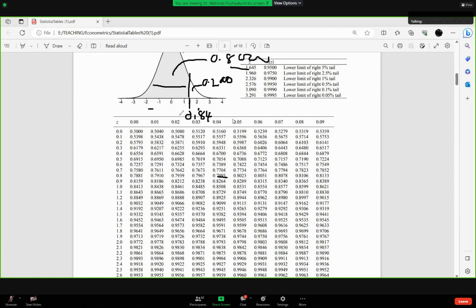This is plus 0.84. Then what is the value here? It should be minus 0.84. Did you get the point? Yes, sir.